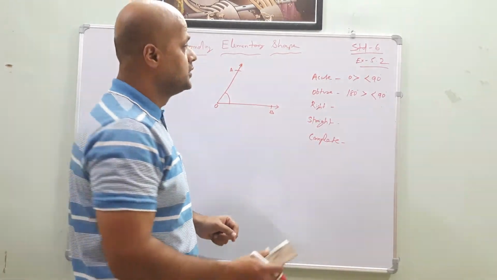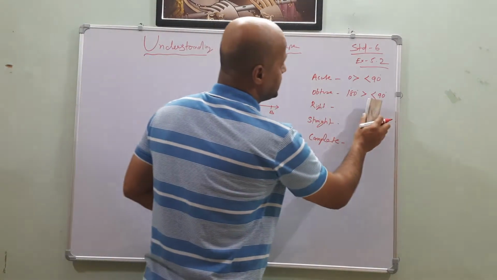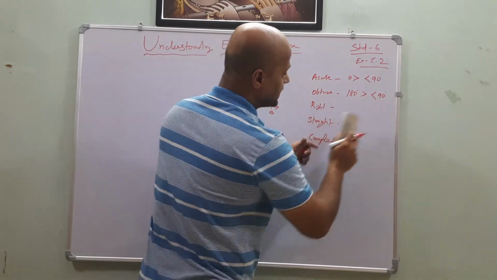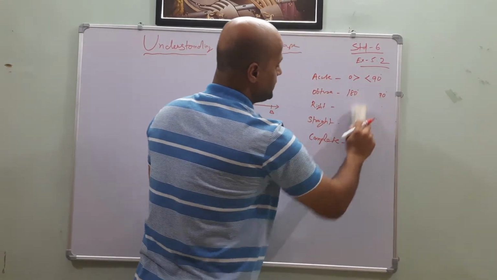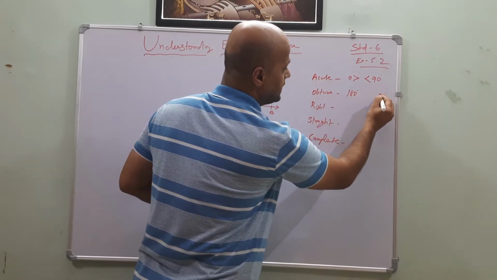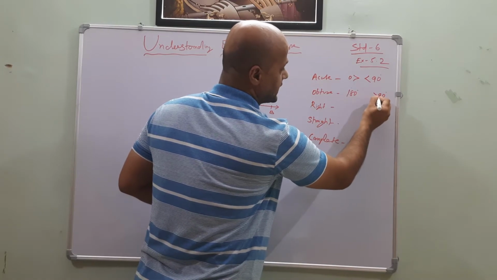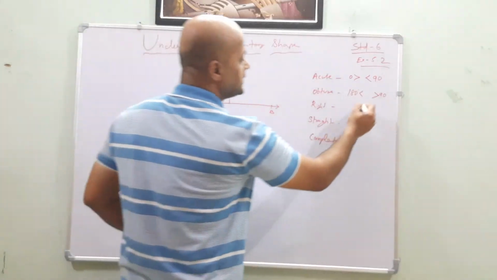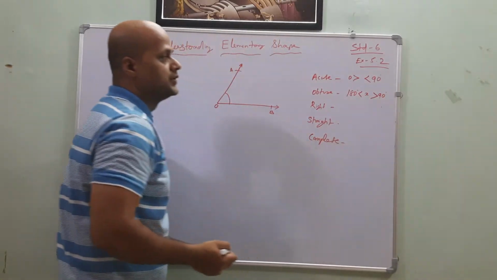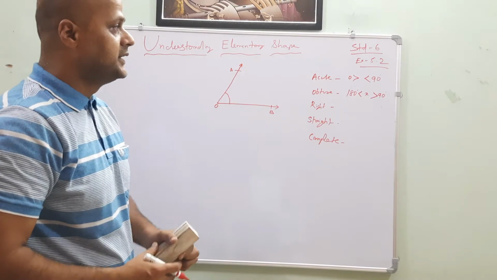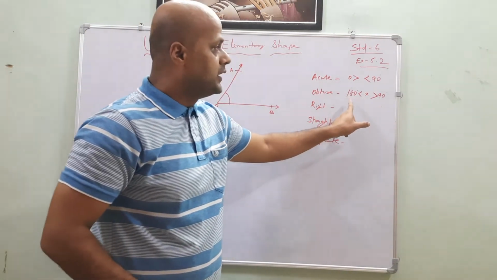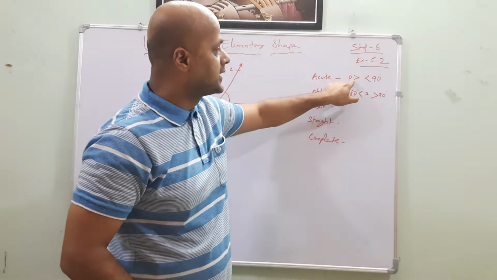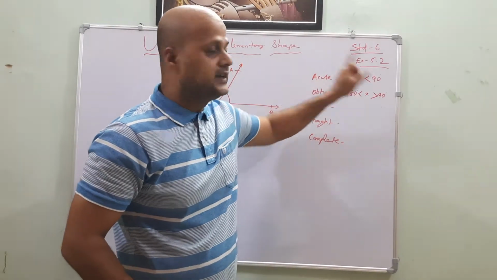Understood my dear friends? In simple manner, if the angle is x, then I will say x is greater than 90 and less than 180 degrees. Okay, understood my dear friends? Greater than 90 degrees, less than 180 degrees. What about acute angle? It is greater than 0 degrees but less than 90 degrees.